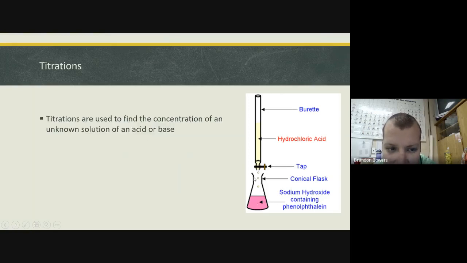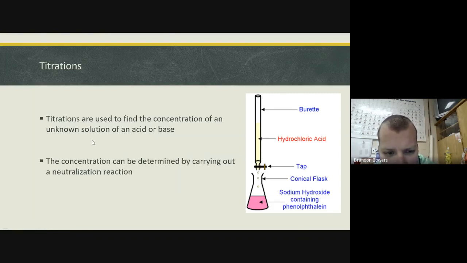Titrations are used to find the concentration of an unknown solution of an acid or base. The concentration can be determined by carrying out a neutralization reaction.